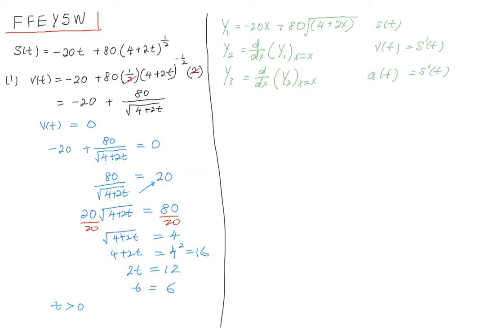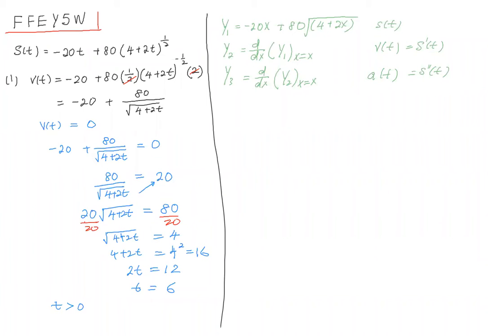Okay, so what should I do next? Find the position. What do you mean by find the position? We note down the displacement. I'm not sure actually why jot down the displacement.